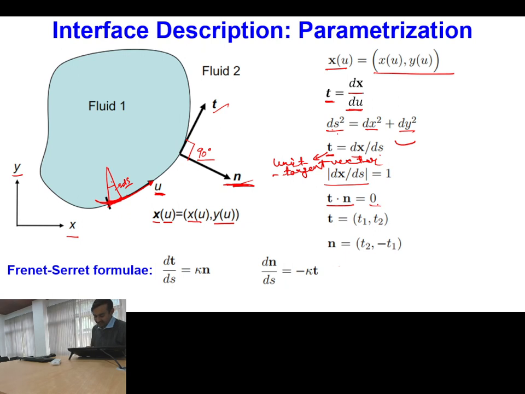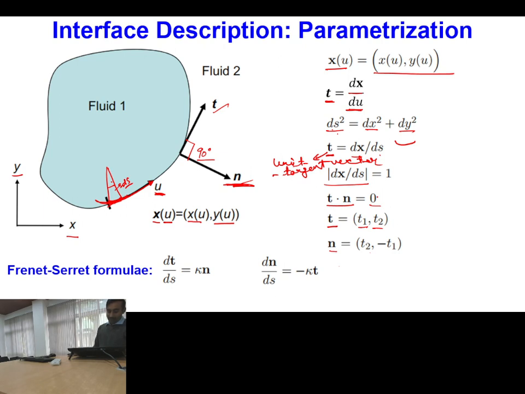It simply means that if my t vector has two components t1 and t2, then the dot product will be zero only if my normal vector has components t2 comma minus t1. Okay, so if I know the components of the tangent vector for a two-dimensional curve, then I can simply find the components of the normal vector by doing this computation.